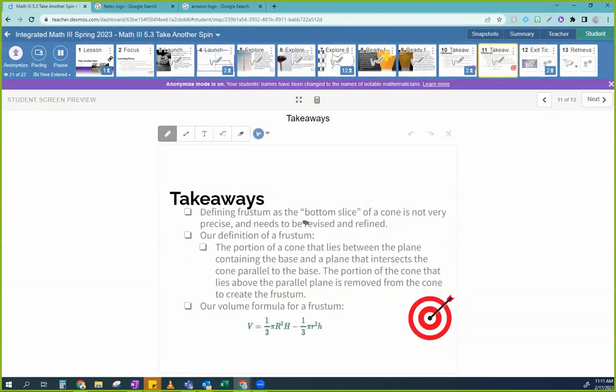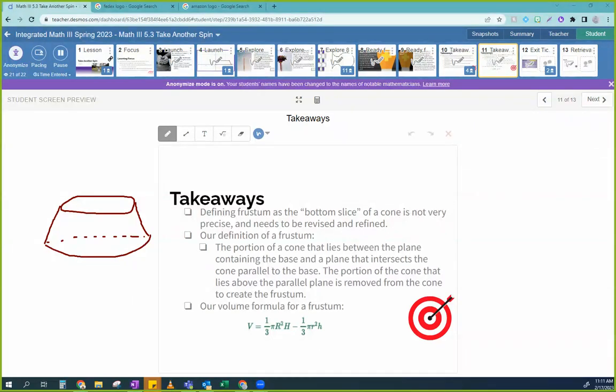Defining a frustum as the bottom slice of a cone is not very precise and needs to be revised and refined. Do you remember when we were talking about a frustum, we drew it like this? Can anybody describe this rather than just the bottom slice?